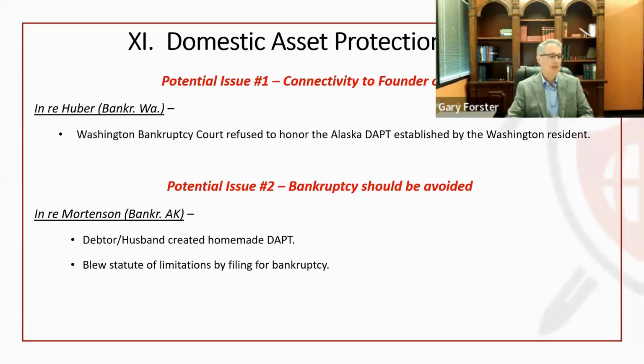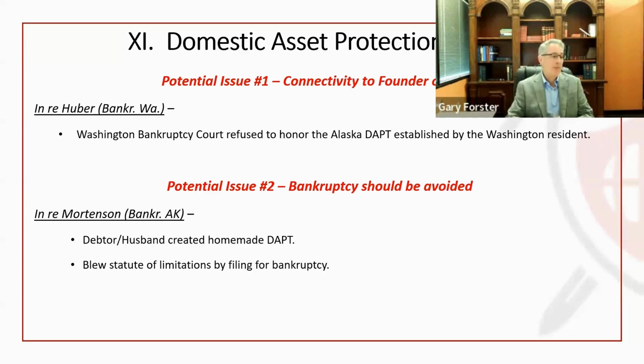And Washington State does not have a self-settled asset protection trust. And that was kind of the end of all the assets in the trust. So one major tip, if you've got a lot of assets in a domestic asset protection trust, talk to counsel about how that trust may be weakened or weak, and you may not want to go bankrupt.